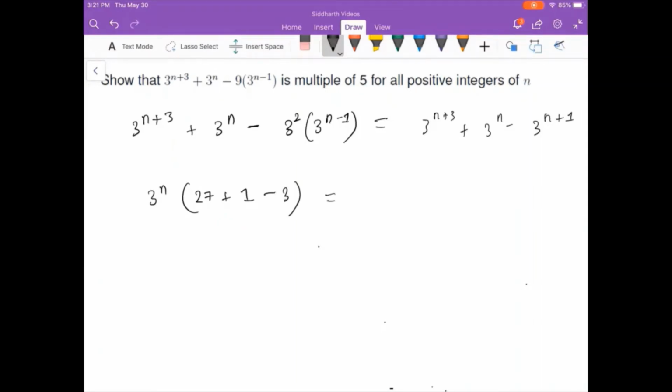Simplifying this, we get 3 to the power of n into 25. Now, because 25 is a multiple of 5 and you multiply any number to a multiple of 5, that number will have to be a multiple of 5. So, hence, this number is always a multiple of 5.